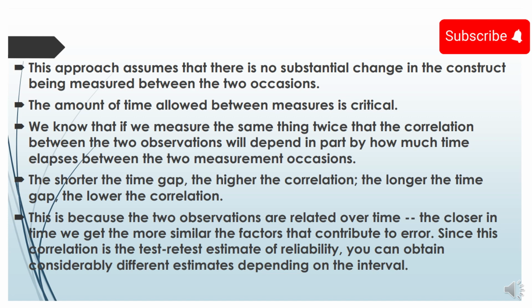So the shorter the time gap, the higher the correlation, and the longer the time gap, the lower the correlation. This is because the two observations are related over time. The closer in time we get, the more similar the factors that contribute to error. Since this correlation is the test-retest estimate of reliability, you can obtain considerably different estimates depending on the interval.